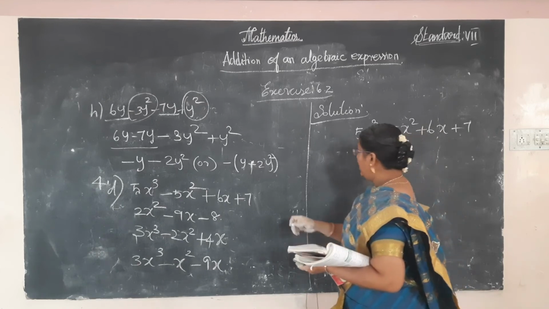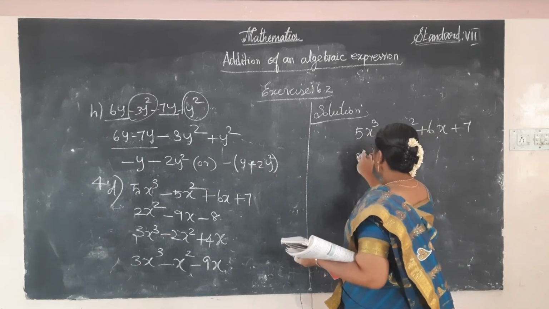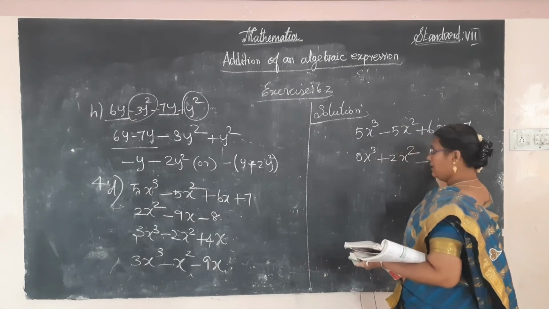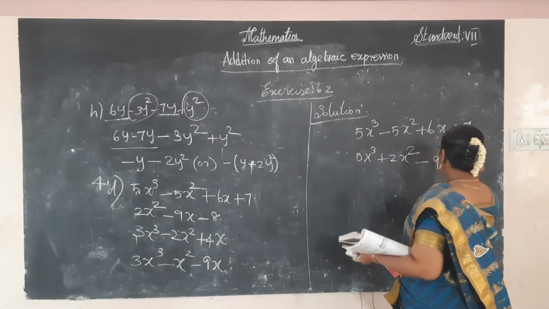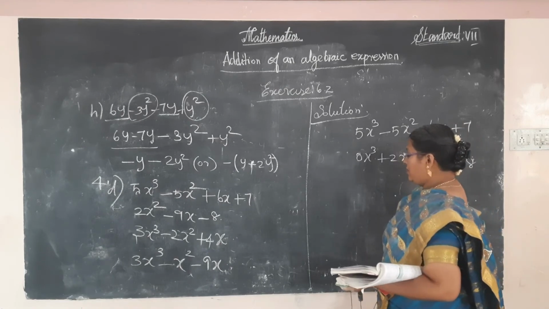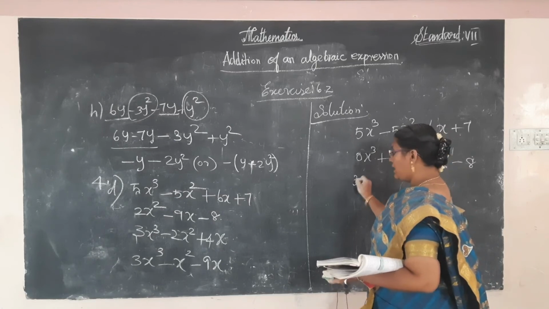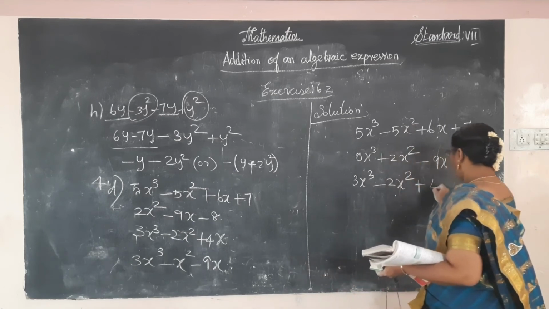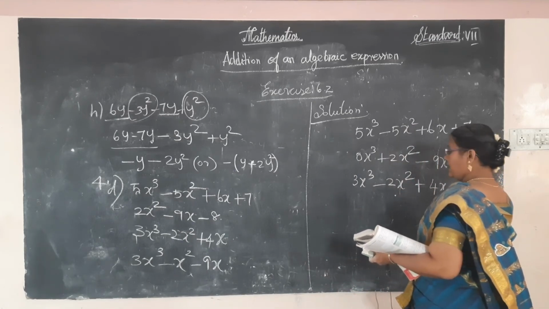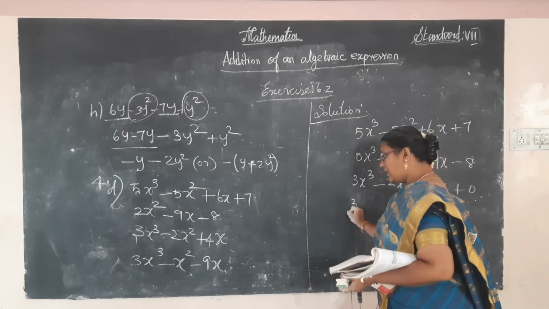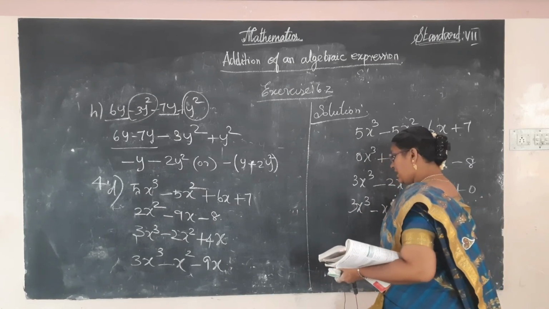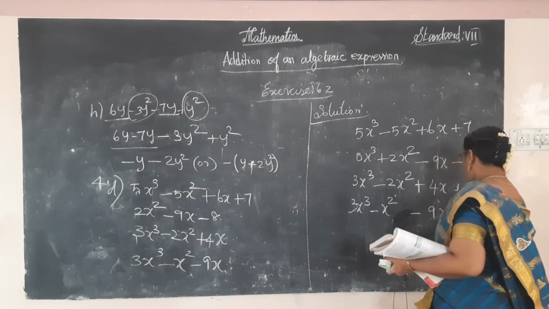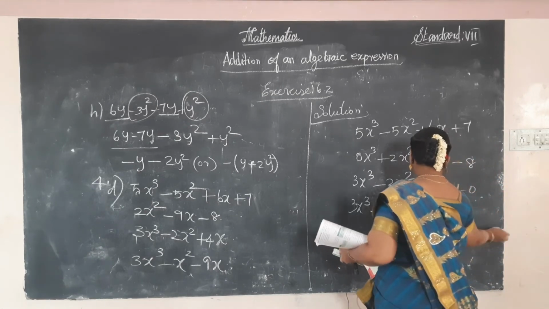The next one does not have the x power 3 term, so 2x power 2 minus 9x minus 8. The third is 3x power 3 minus 2x squared plus 4x, and the constant term is not there. And the fourth expression is 3x power 3 minus x squared minus 9x plus 0. Constant term is not given.